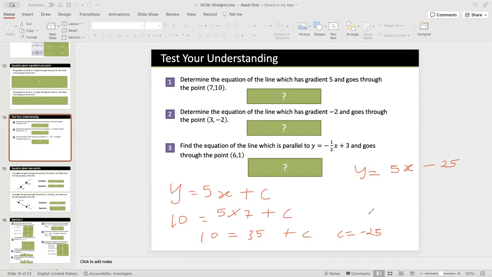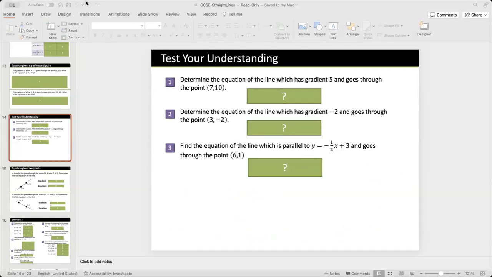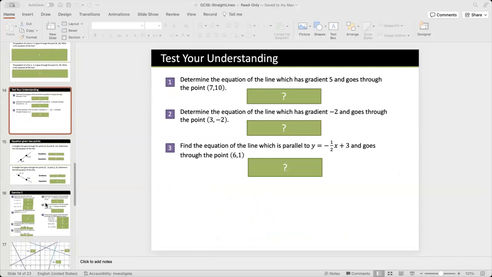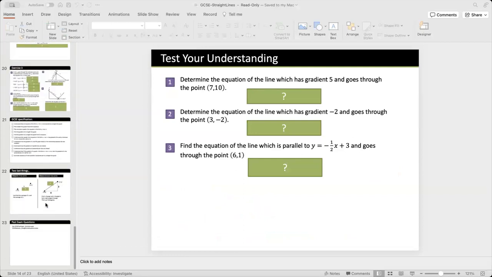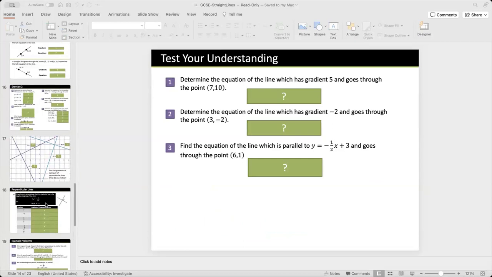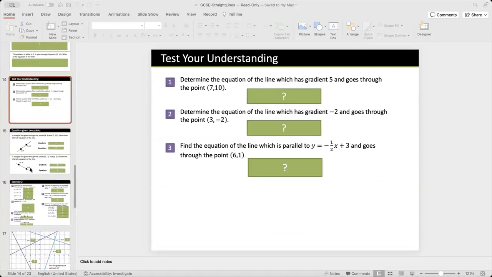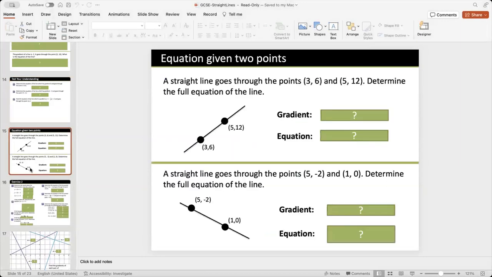So you can actually have a go on the other two questions and see how far you can get in that. So you can be given points like these too. The same thing. What's the gradient? You find the same thing. Just pick any number.